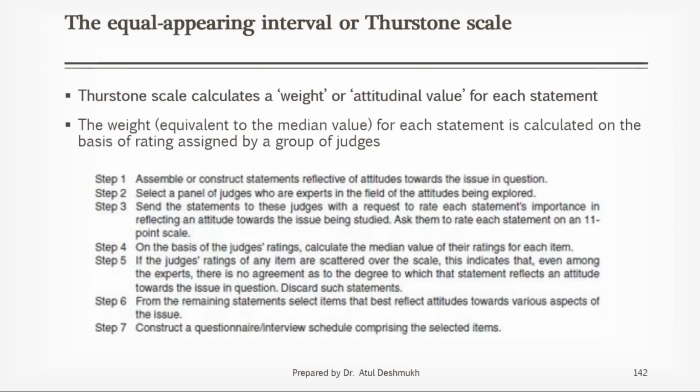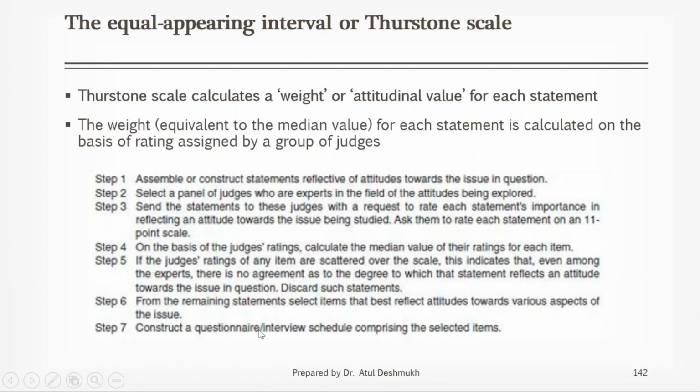In case of Likert scale, the statements or research questions are given to the participants. But in case of Thurstone scale, these statements are given to a group of judges or experts. The rating is assigned by a group of judges in Thurstone scale, while rating is assigned by participants in Likert scale. So these are two important basic differences between these two, right?